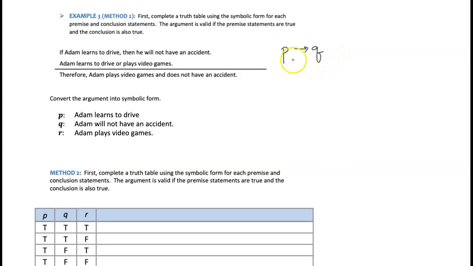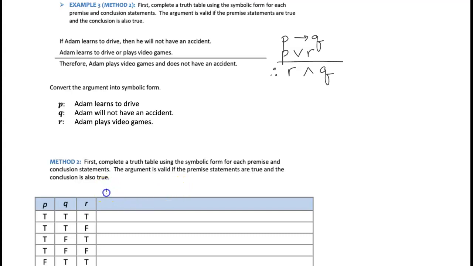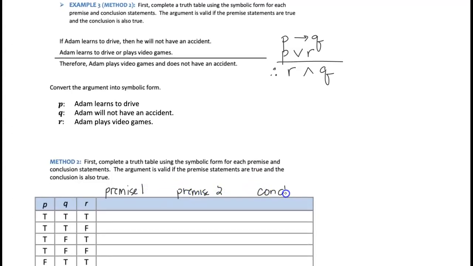Premise 2 was Adam learns to drive, or the disjunction, Adam plays video games. The conclusion was Adam plays video games and does not have an accident. So we're going to look at premise 1, then we're going to look at premise 2, and then we're going to look at the conclusion.